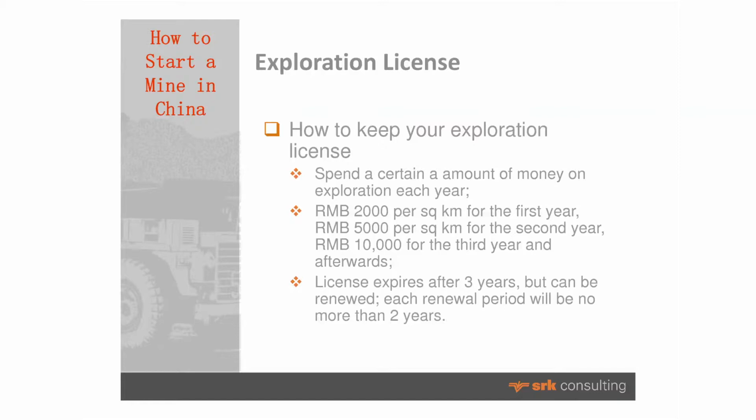The first year, you have to spend 2,000 RMB minimum per square kilometer. Second year, that is increased to 5,000. Then third year, it's increased to 10,000. The reason is that you have to do the relevant work. You cannot just hold it for nothing.